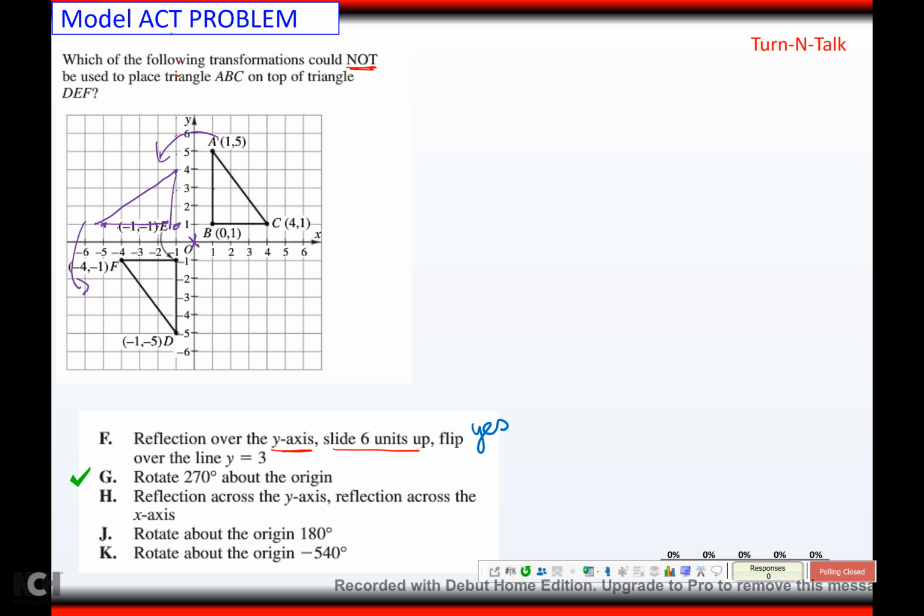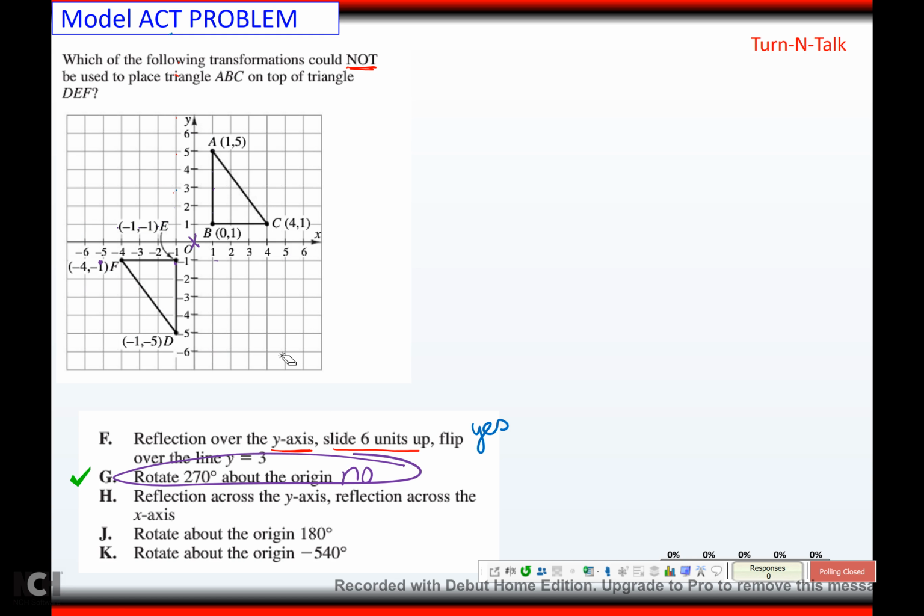Then 180 degrees, it would flip down, so it would just look like this, okay? And then 270 would put it over here, and without trying to draw it perfectly, okay, that's obviously not on top of DEF, so that's the one that would not place it on top of the other one, okay?